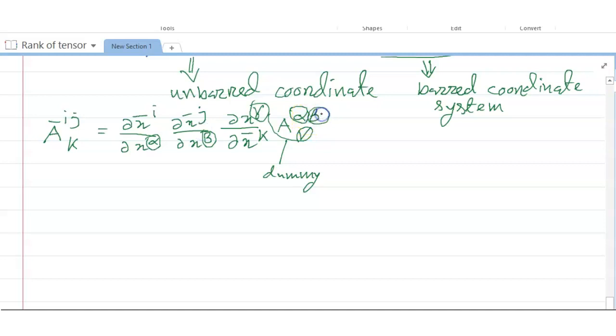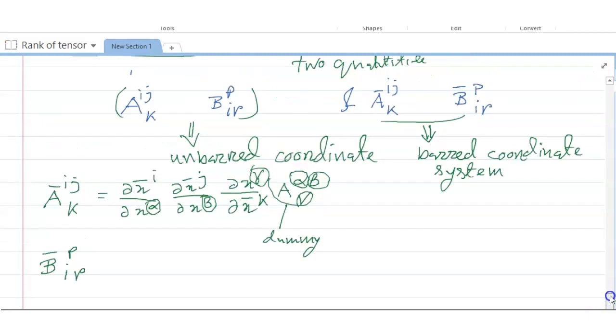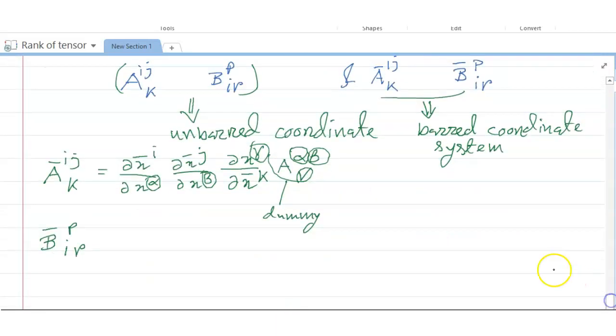So I hope I can clear this concept, and after that b bar p i r. So friends, here you will notice that this i and this i are equal. So friends, this is the note, I write a note.